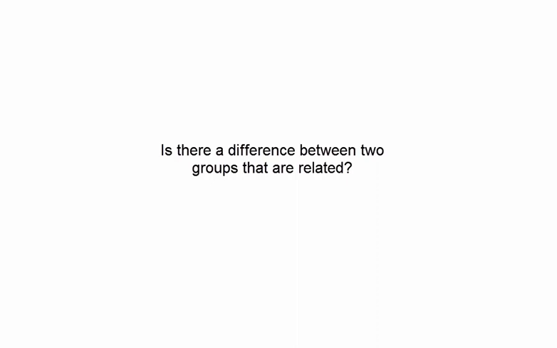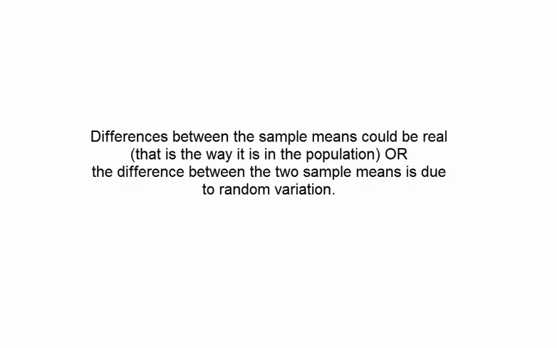We simply can't look at the sample means and make an inference because we always have to ask the question, what is the probability that the effect we see in our sample data is simply due to random variation? Another way of saying that is, what is the probability the difference between the two means is not zero?